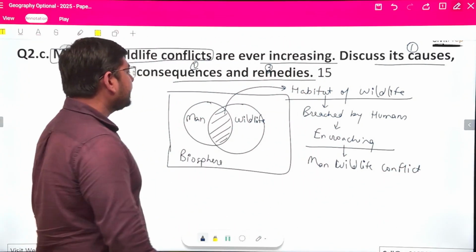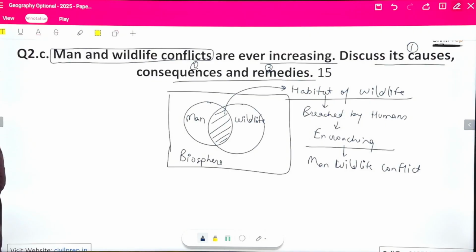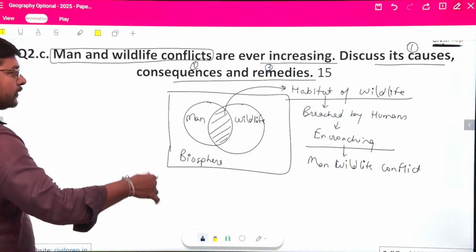So this thing we see here is resulting in the wildlife and animal conflict.